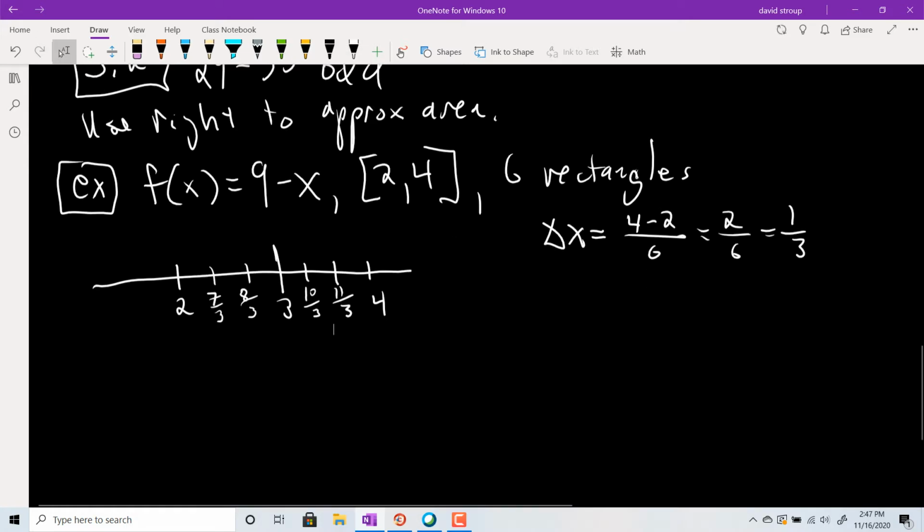Okay. So the right endpoints means we're using these guys when we approximate our area. And area is always just the sum of the rectangles.